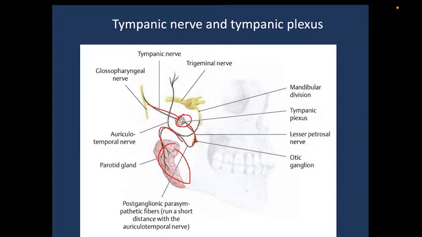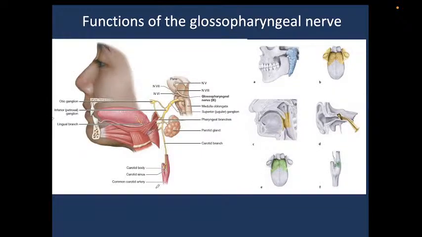So the glossopharyngeal nerve sends visceral motor impulses to the parotid gland, and the parotid gland starts to secrete salivary fluid.